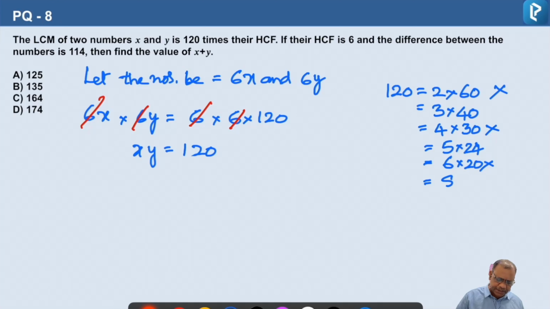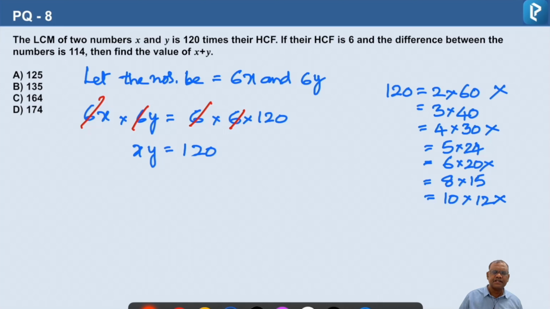And 8 into 15, they are co-primes. 10 into 12, they are co-primes. So here we have 4 non-co-primes and 3 co-primes.